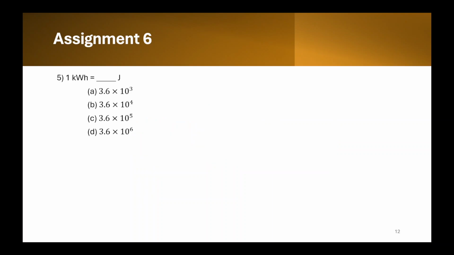Next question. 1 kilowatt hour is equal to how many joules? So we can compute this using this logic. So 1 kilowatt is equal to 1000 watts.